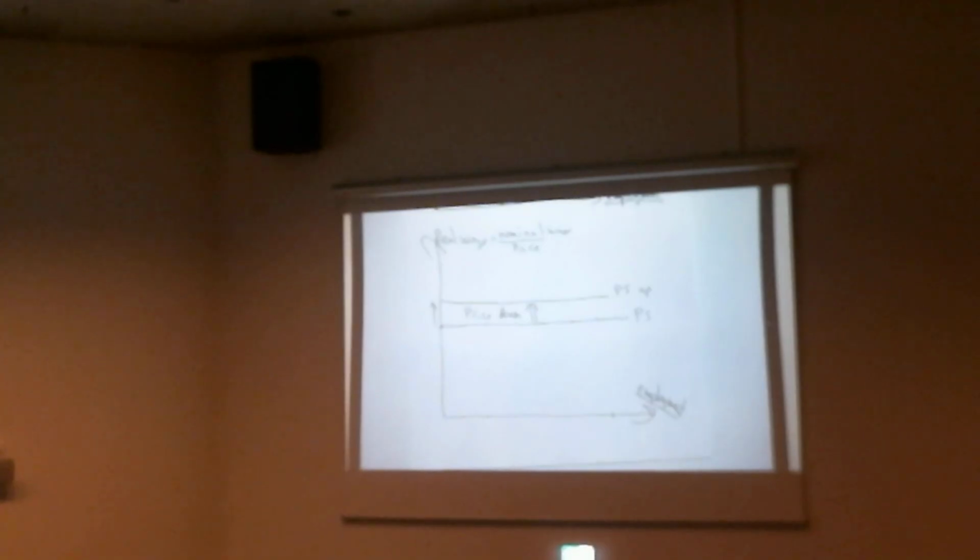What could be reasons for price down? Well, if costs go down, so lower costs. It could be lower costs on wages, or on raw material, things like this. And finally, it's also something to do with productivity.